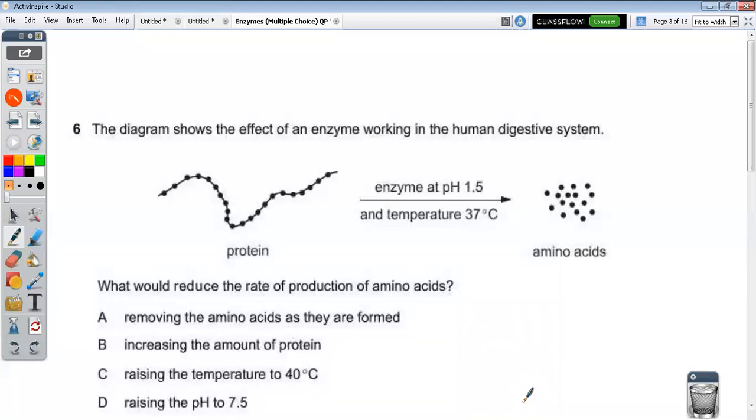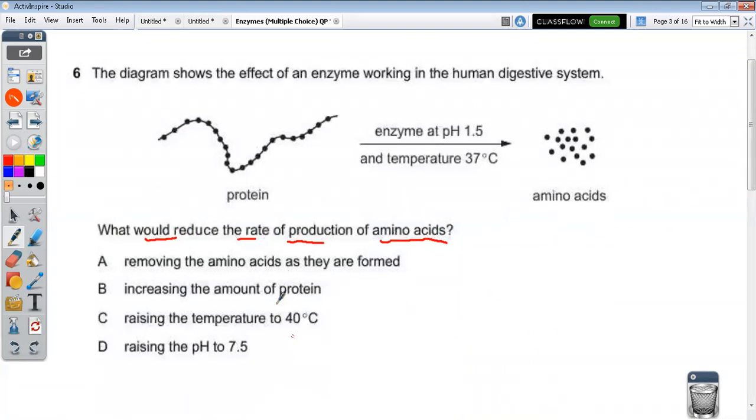Now, number 6. What could reduce the rate of production of amino acids? What could reduce the rate of production? Now it became tricky.